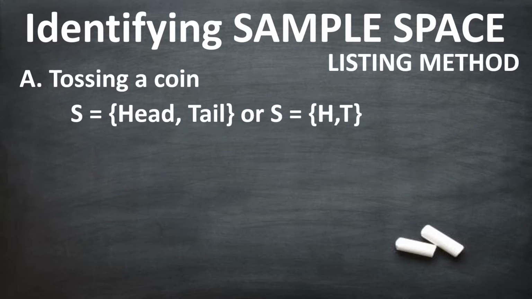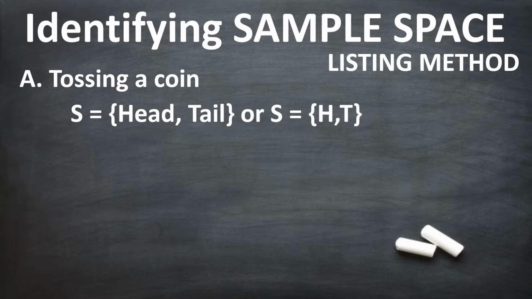If you're thinking that the answer is heads and tails, then the answer is correct. But since this is a sample space and we are in the listing method, first we have to name or denote that sample space with a capital letter S, since that is a set of all possible outcomes, right?